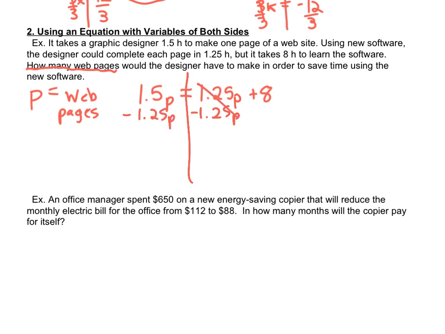This becomes 0.25p equals 8. Then I finish it off by dividing both sides by 0.25. So p equals, and if you want to use a calculator, that's fine. Dividing by a fourth is like multiplying by 4. So it would take 32 pages.